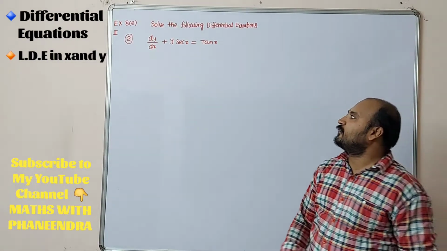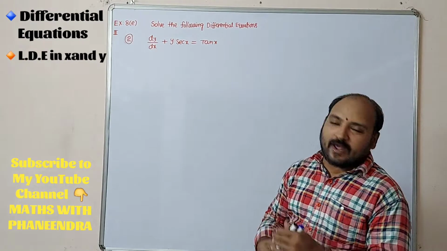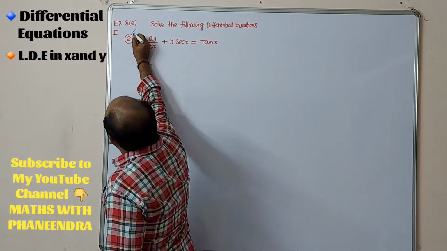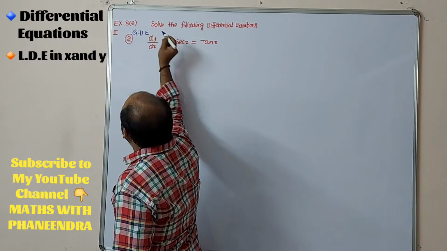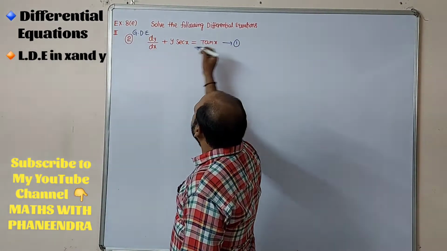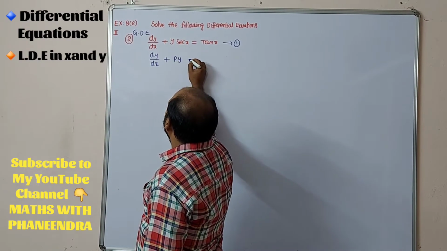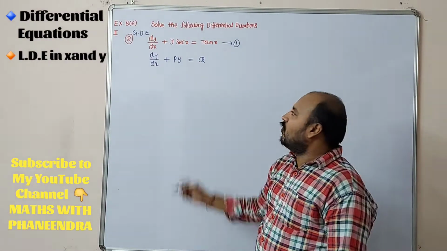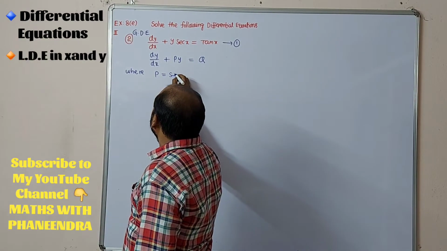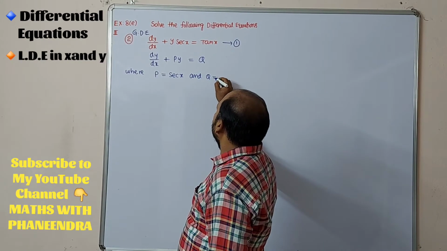The next question: dy by dx plus y into secant x equal to tan x. So the given differential equation, GDE, compared with dy by dx plus Py is equal to Q, where P equals secant x and Q equals tan x.